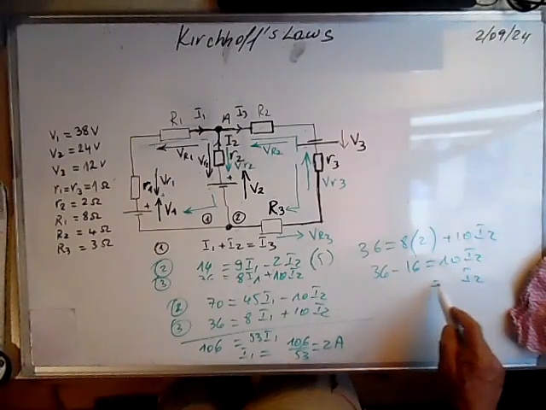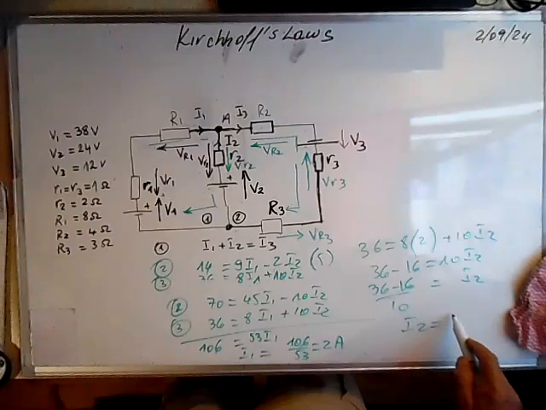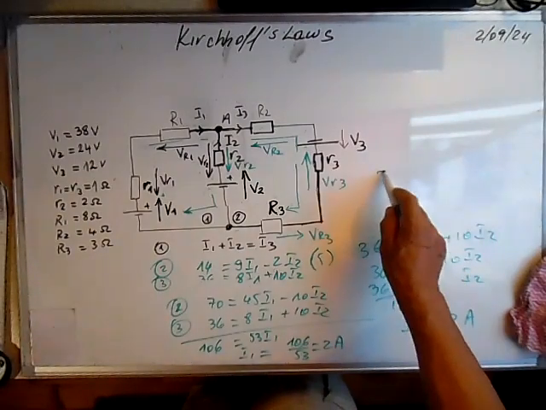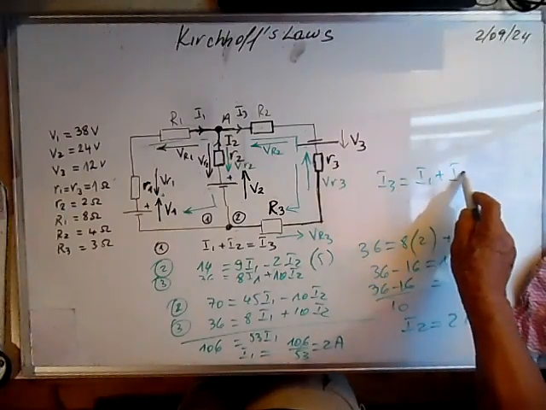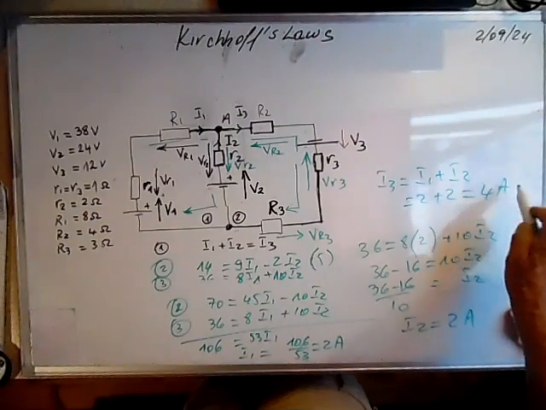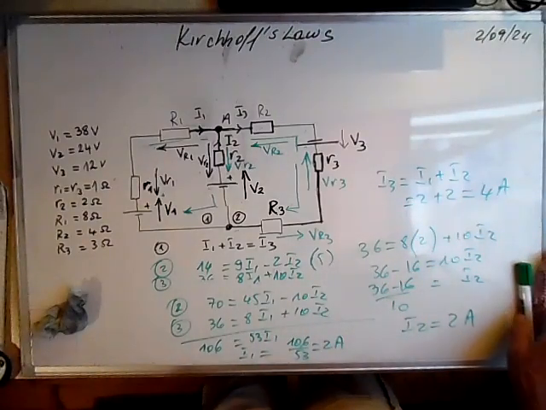I2 is equal to 36 minus 16 over 10. I2 is equal to 2 amps as well. And from here we can calculate I3. I3 is I1 plus I2, is equal to 2 plus 2, is equal to 4 amps. And that's it. And thank you very much.